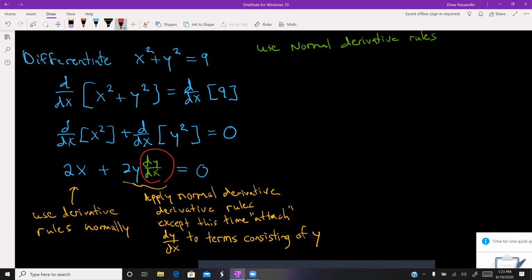I'm going to always attach this when taking the derivative of some expression that has variable y. And again, we're just using implicit differentiation for this chapter or section.